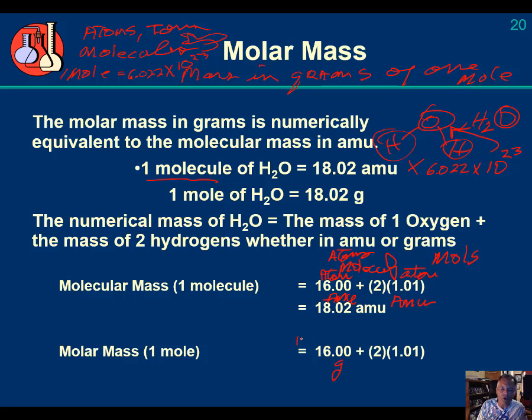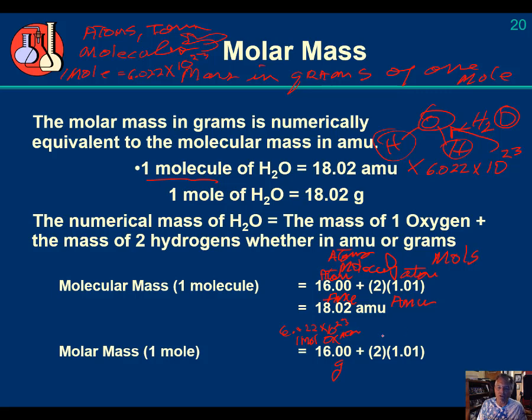That means we're talking about 1 mole of oxygen. And if we're talking about 1 mole of oxygen, we're talking about 6.022 times 10 to the 23rd atoms of oxygen. That's what 1 mole is equal to.